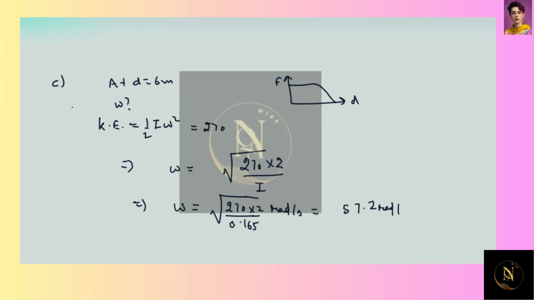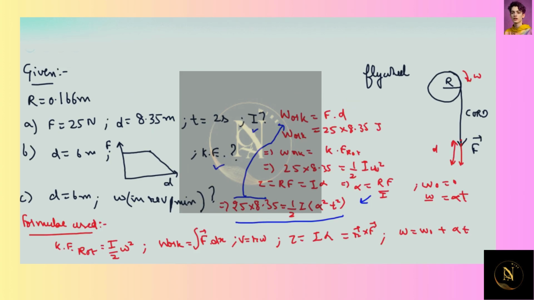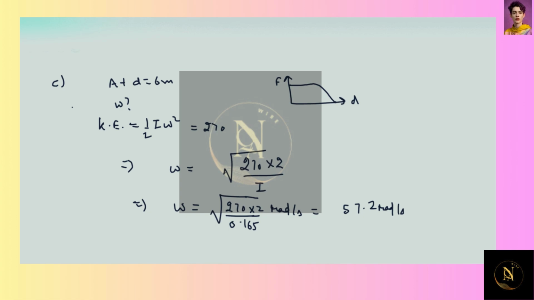57.2 radian per second. But we are asked to find omega in revolutions per minute. So 1 revolution per minute equals 2 pi over 60 radian per second, so 1 radian per second equals 60 over 2 pi revolutions per minute.